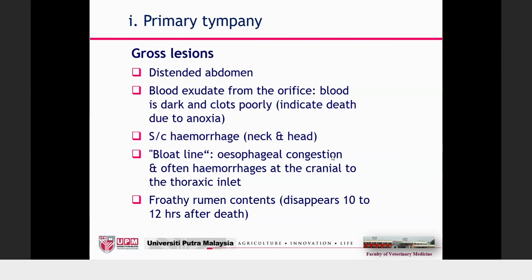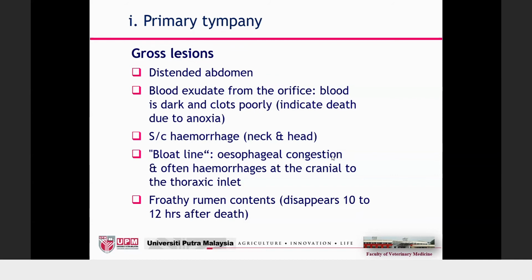That leads to accumulation of blood in the neck and head. I mentioned earlier, when the congestion is severe, blood might ooze out from the blood vessel, and what you see there is more of a hemorrhage. So this is what I call the third criteria.